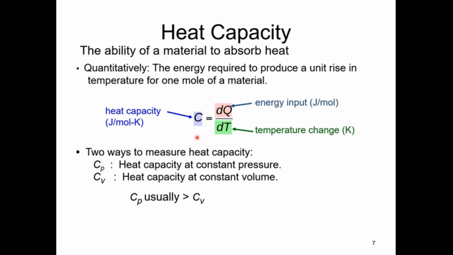There are two ways to measure heat capacities: Cp and Cv. Cp is heat capacity at constant pressure and Cv is heat capacity at constant volume.